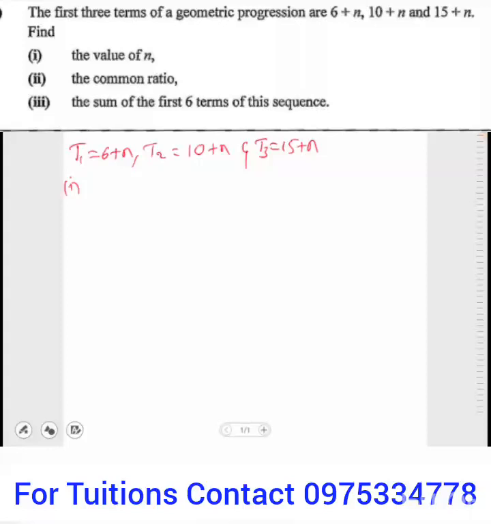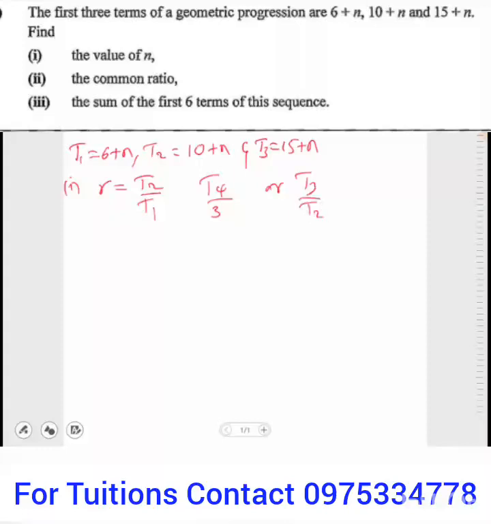The common ratio. So the common ratio formula is equal to T2 over T1, or it can be term 3 over term 2.